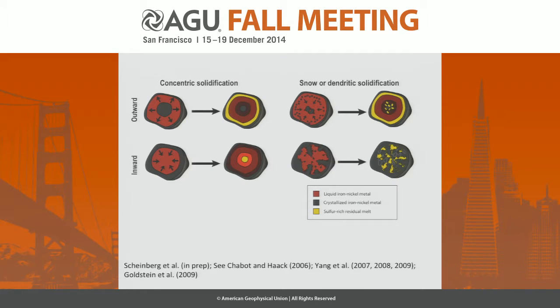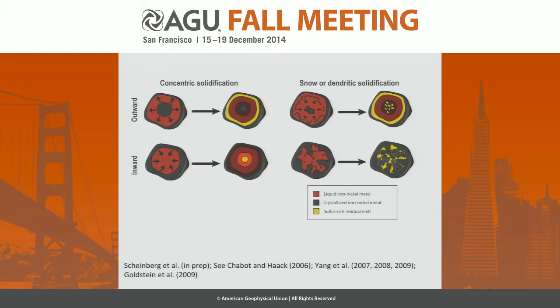And so here's a figure prepared by Aaron Scheinberg for a paper that's in prep, and I want to also point you to the other references at the bottom, people who have been working on this for some time. On the top row here, you see schematics of cores that crystallized from the inside out, and in the bottom row, from the outside in. And when I first learned about this by talking with Joe Goldstein many years ago, I was really flabbergasted because I'd never really heard of a core crystallizing outside in.